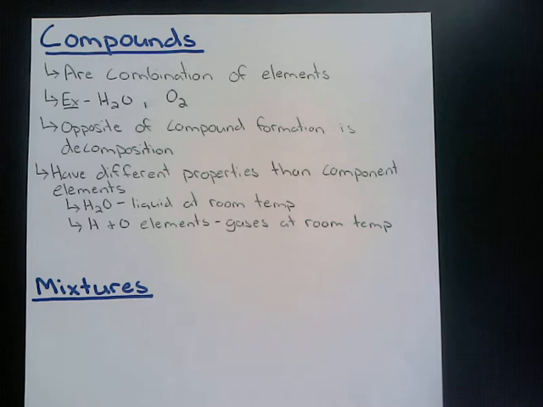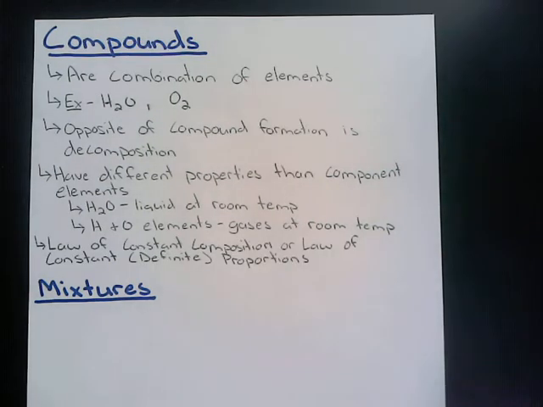Now, the last thing that I want to talk about with compounds is the law of constant composition, or the law of definite proportions. Now, what the law of constant composition states is that a compound always consists of the same combination of elements.